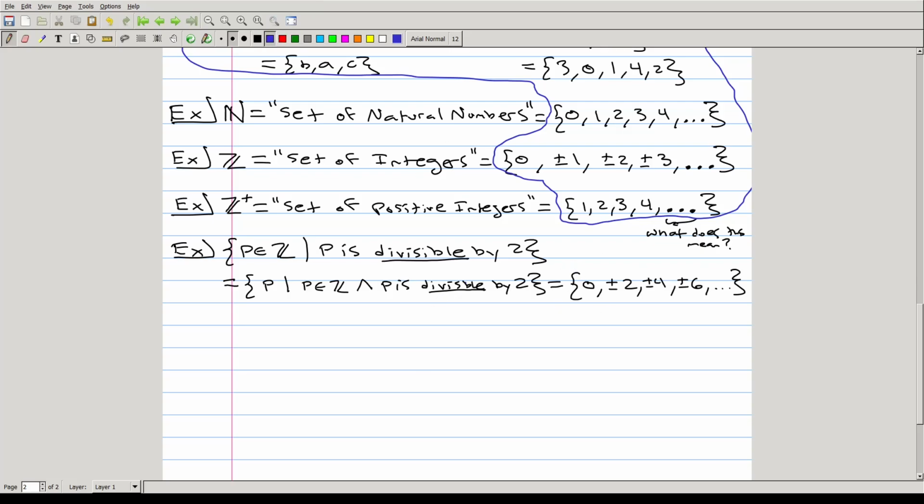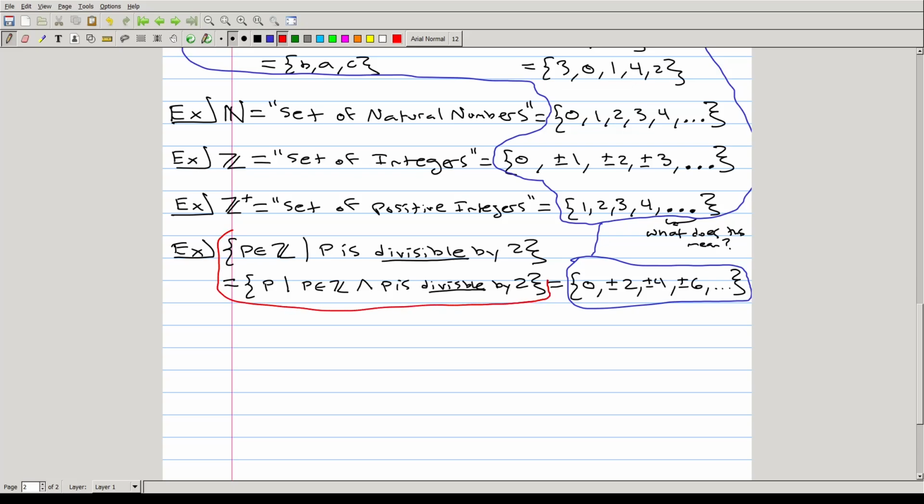So this set right here is in roster notation. This set right here is in set builder notation, but it's the same set. So it's important that some sets are easier to write down in a given notation than others.